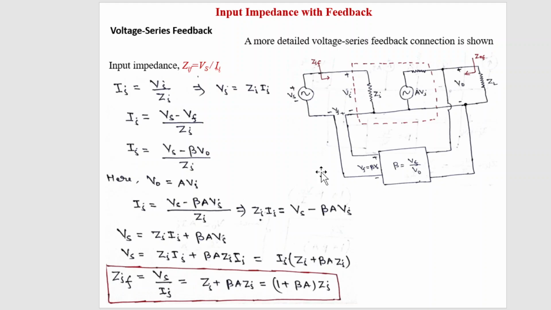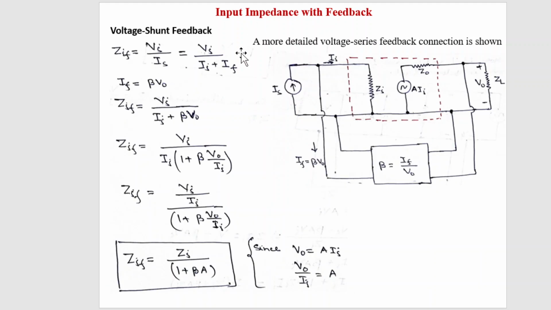Now let us try to find out what is happening to the input impedance when feedback is applied in the case of voltage shunt feedback network. So here we have voltage shunt feedback.